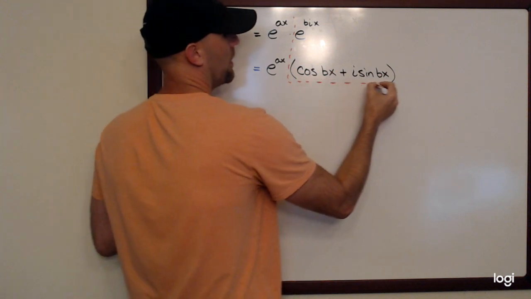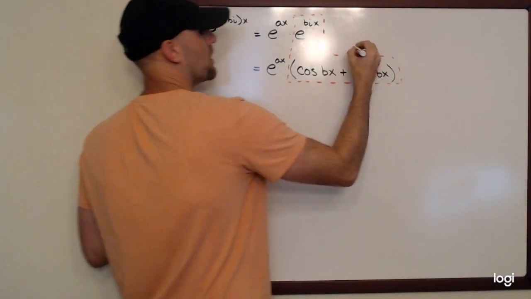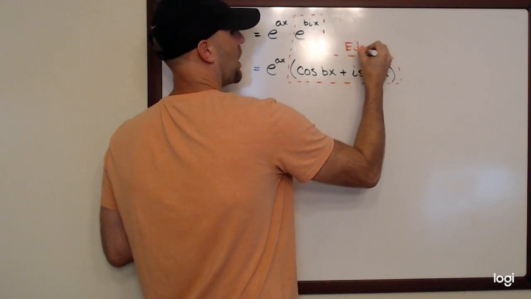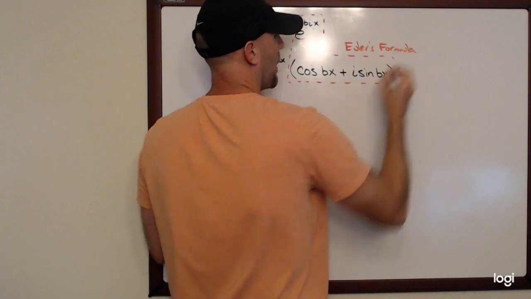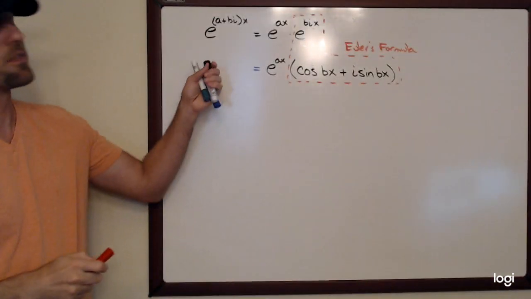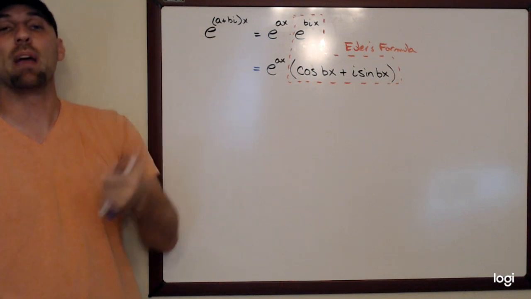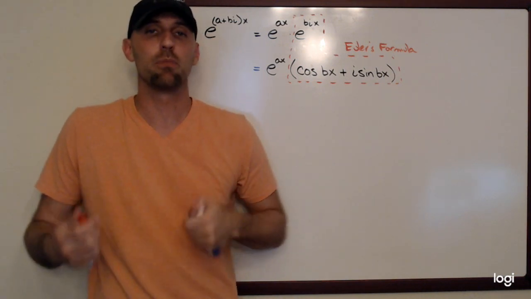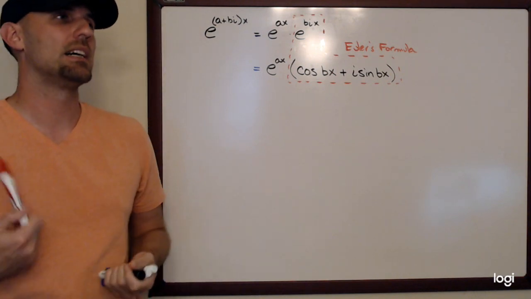This is absolutely fantastic. You very much need to remember this. And I wrote this in a somewhat extended version because this is what the roots for our polynomial may look like. They may look like a plus or minus bi.